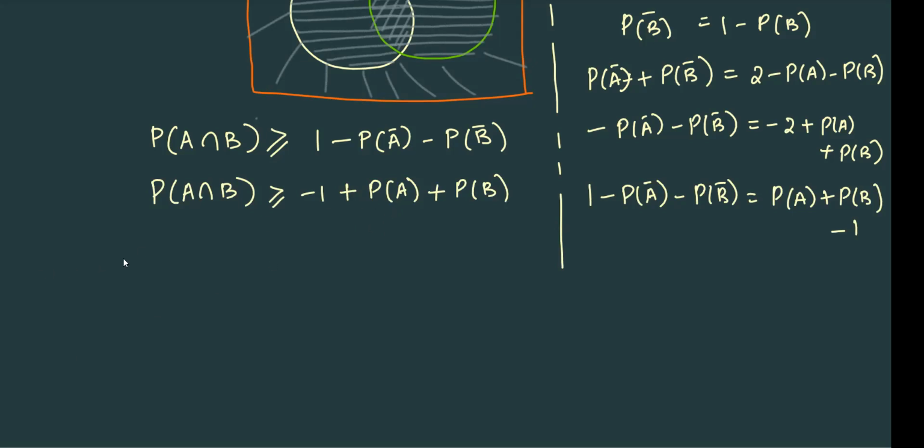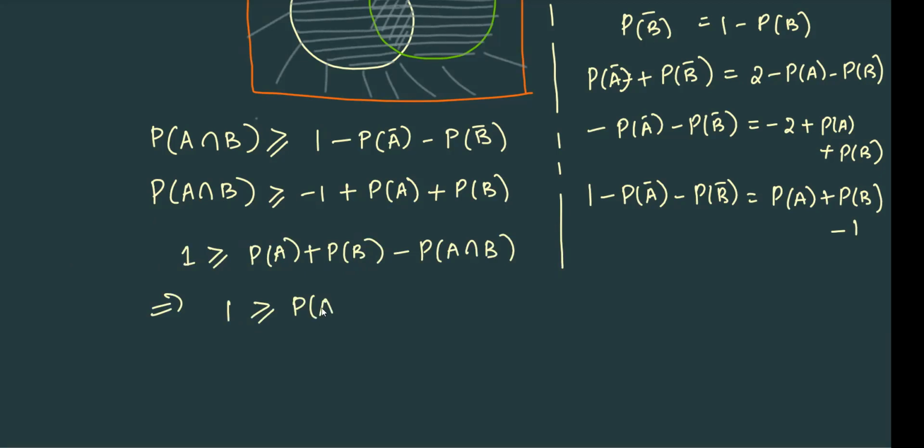Okay. So from here, what we get is, take this to this side. 1 is greater than or equal to P of A plus P of B minus P of A intersection B. So which means that 1 is greater than P of A union B, which is true.